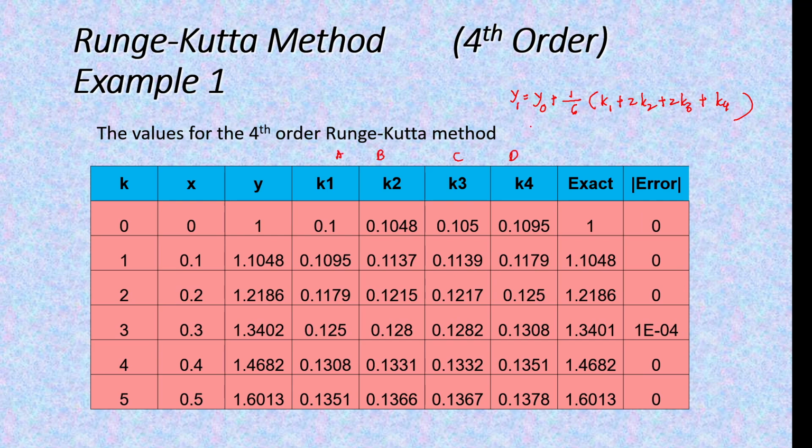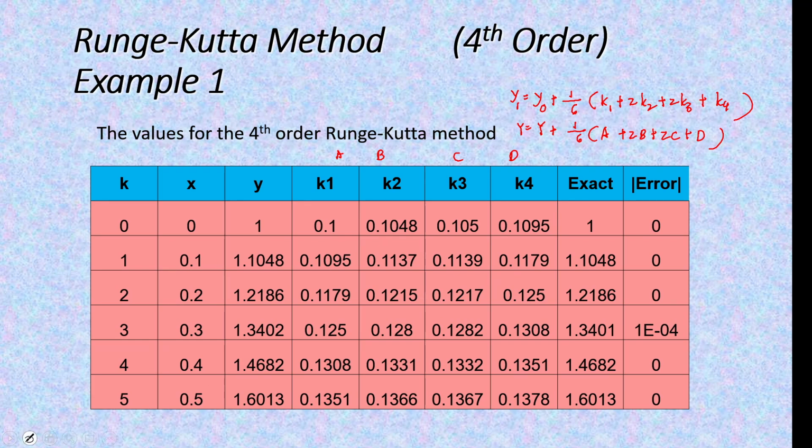Then you put up the formula: y equals y plus 1 over 6 of a plus 2b plus 2c plus d. So after you obtain the k1, k2, k3, k4 formulas, you can use this formula to calculate y1. After you get y1, repeat back to calculate k1, k2, k3, k4, where x and y will be in the same row.